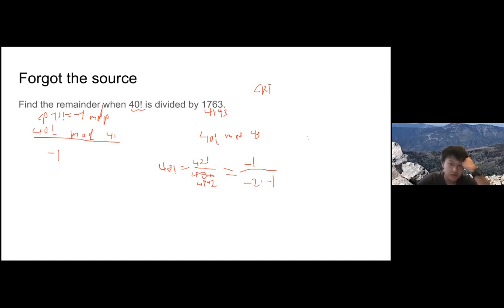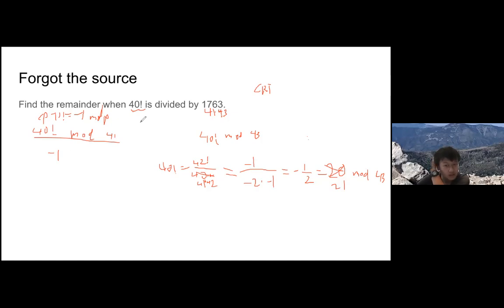This way you don't have to deal with multiplying by such big numbers. This equals -1/2. And that equals 20 mod 43, because the inverse of 2 is 21. That's not true. The inverse of 2 is 22. And so negative that would be 21 mod 43.